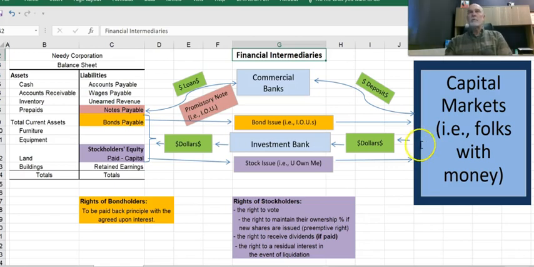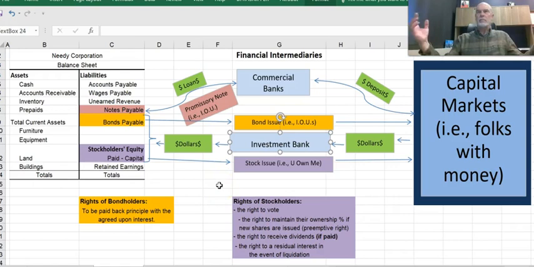And the middleman, the financial intermediary in that case, would be an investment bank. So the investment banker is bringing these parties together, the folks that need money together with the folks that have money. Well, if Needy Corporation decides to borrow money straight from the capital markets, they might issue bonds.